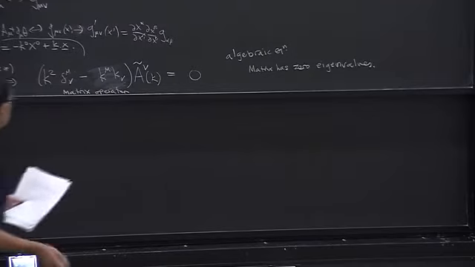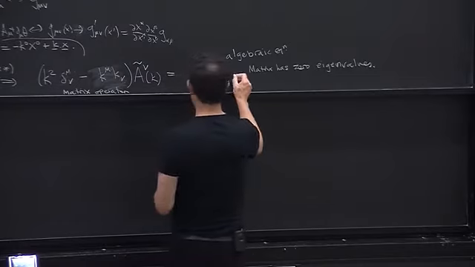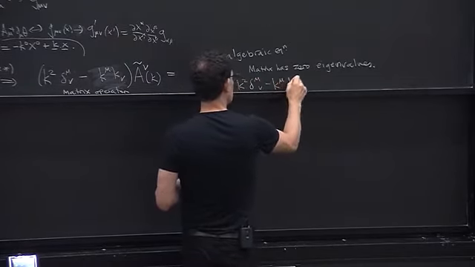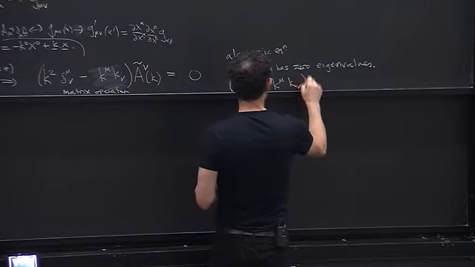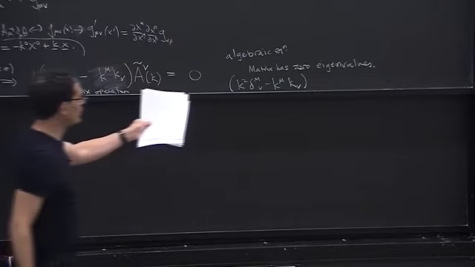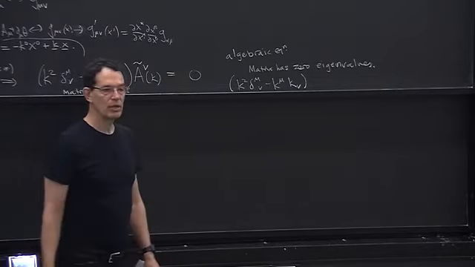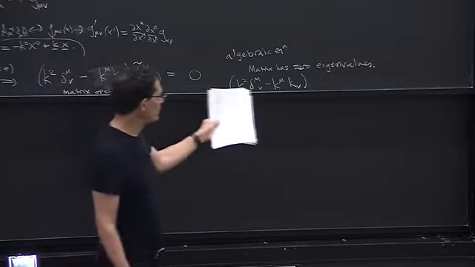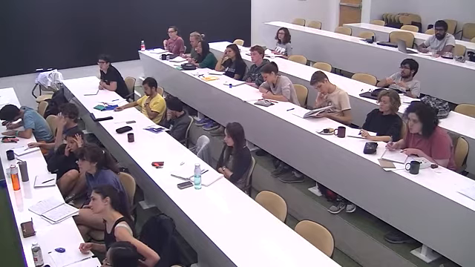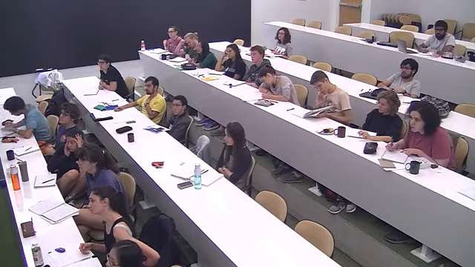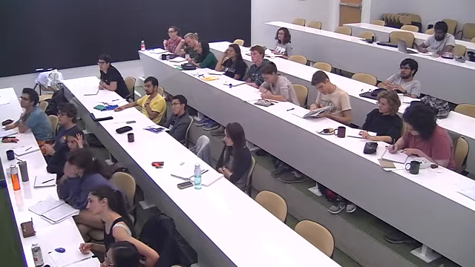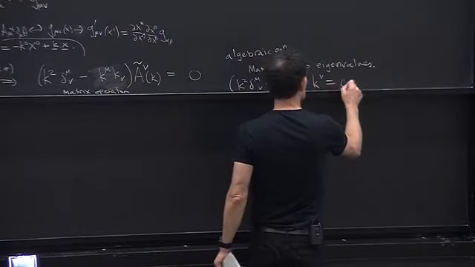And in particular, this matrix, k squared delta mu nu minus k mu k nu, can you tell me a 0 eigenvector of this matrix? What is something that I multiply this by, expressed in terms of k, and obtain 0? k nu, right? So this times k nu equals 0.